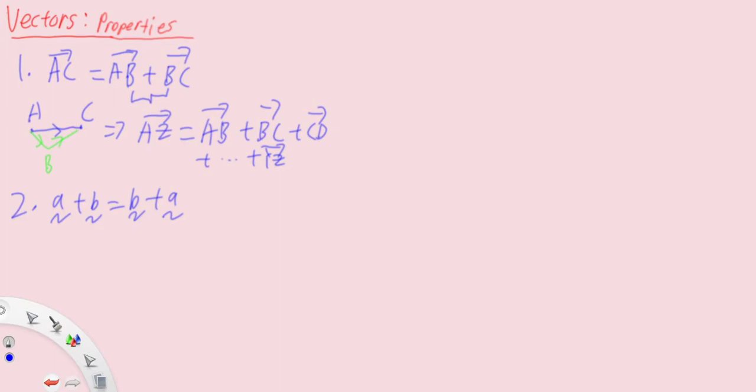Now the third property is from what we talked about in the very first introduction video. If we have a vector going from point A to point B, this direction is called vector AB. If we were to go in the reverse direction, it is vector BA, and the change in the coordinates would be of opposite signs.